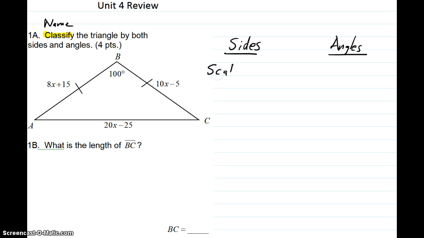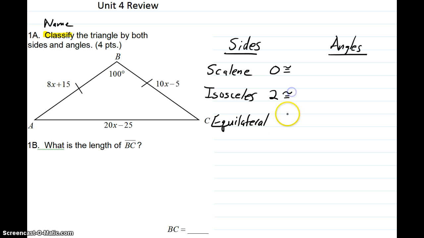So in a scalene triangle, there are 0 congruent sides. In an isosceles, there are 2 congruent sides. In an equilateral, there are 3 congruent sides.